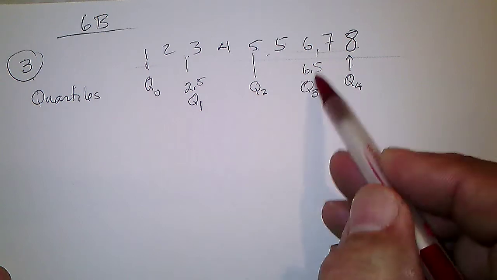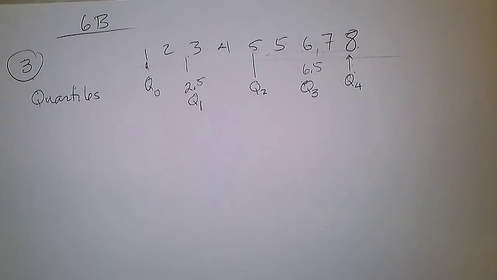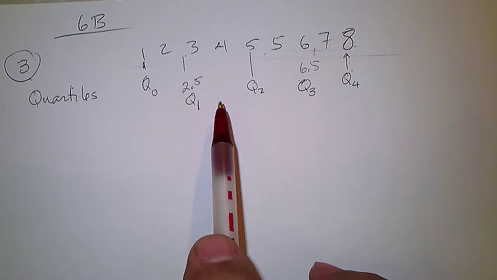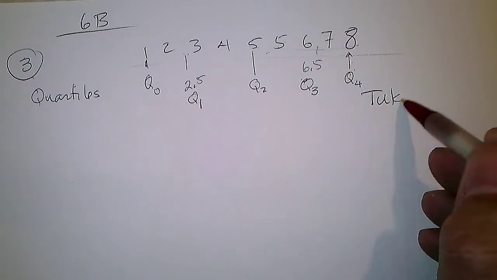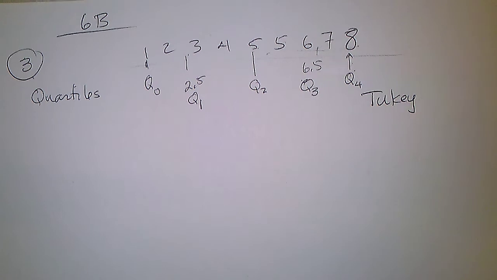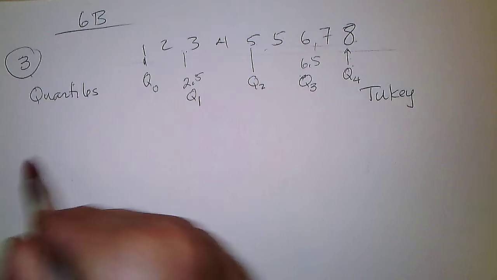The boundary between the third and the fourth quartile is another quarter of the data, roughly. So quartiles are just dividing the data up into 4 roughly equal groups, and the boundaries between the quartiles are these 5 numbers, sometimes called the Tukey 5-number summary. Tukey is the name of the person who was working with this concept.